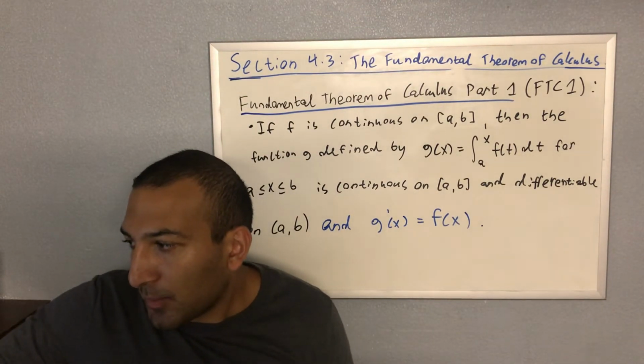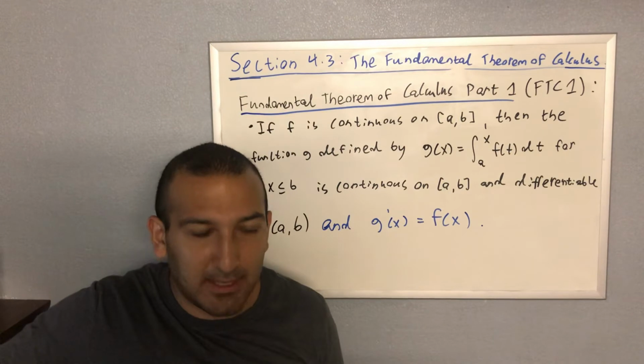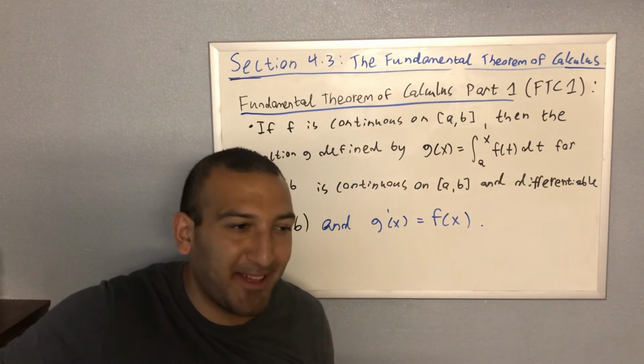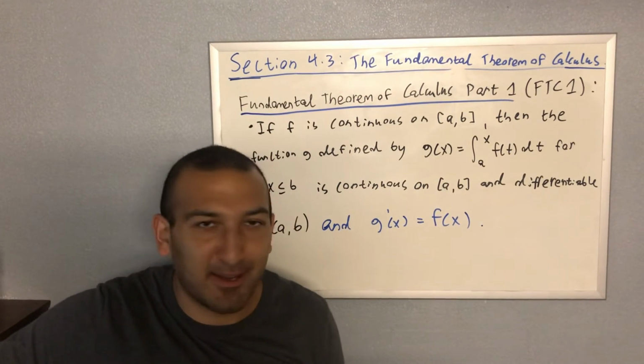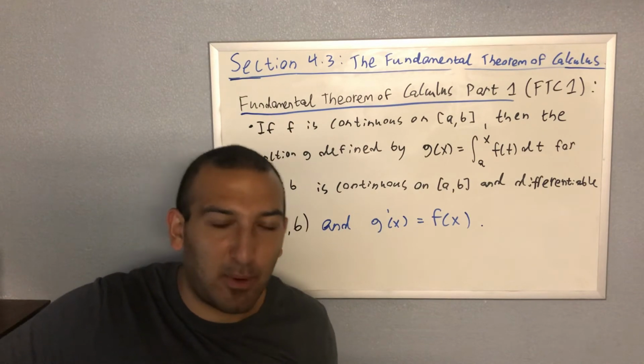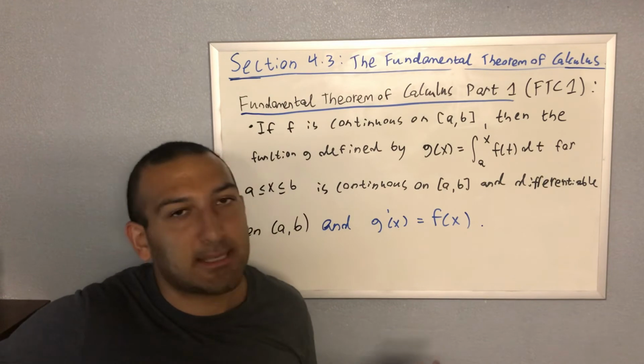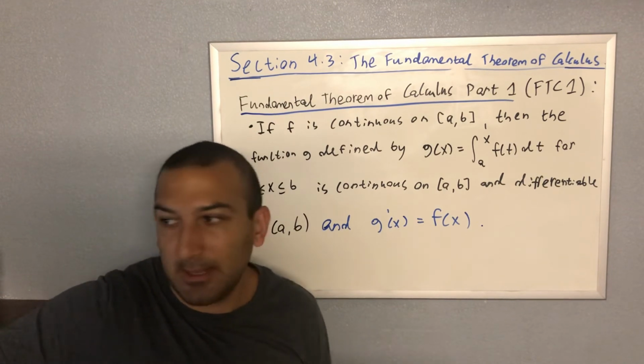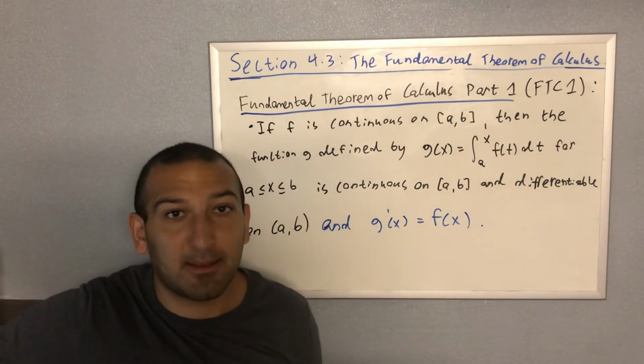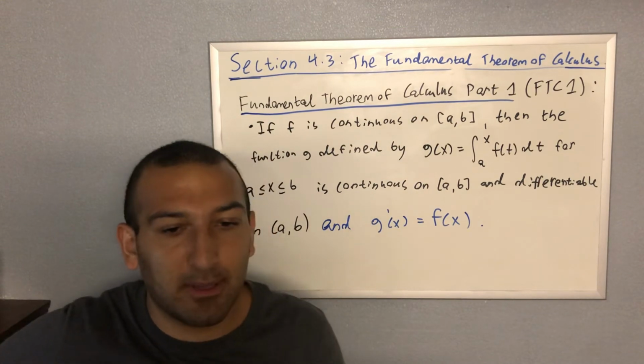Okay, now in terms of a proof, in an ideal world we would do this, but we're going to skip it because it will probably detract from your understanding of what it's saying. And later, if we have time, we might come back and prove it because it's an amazing result.